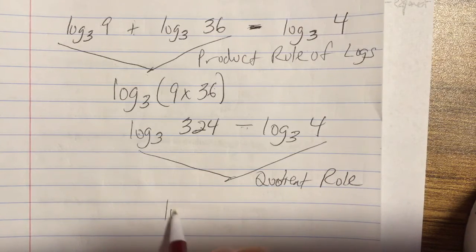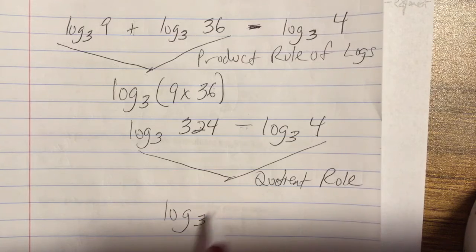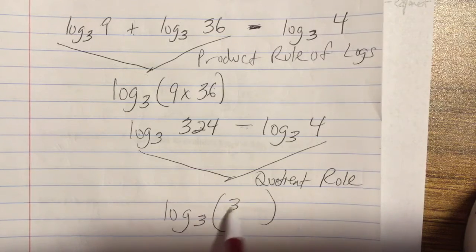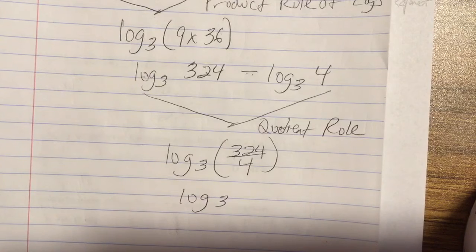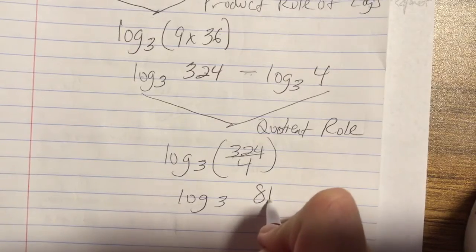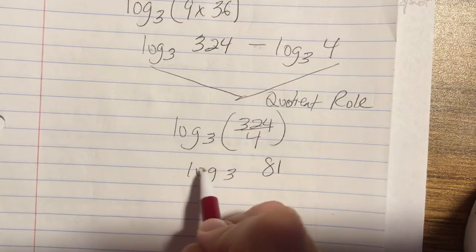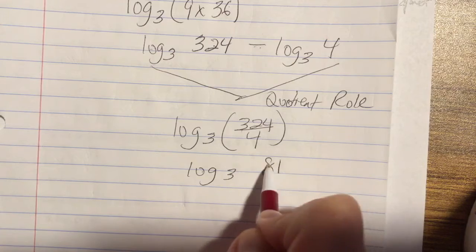And the quotient rule would be that we have the log with a base of 3 still, and then we're going to divide the 324. You always take the first one as the numerator and divide by 4. 324 over 4 is 81. So now we have the log with a base of 3 of 81.